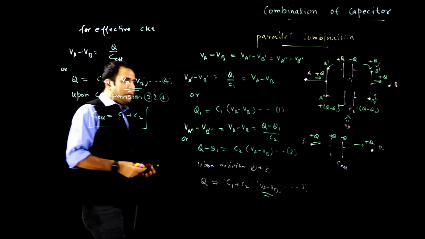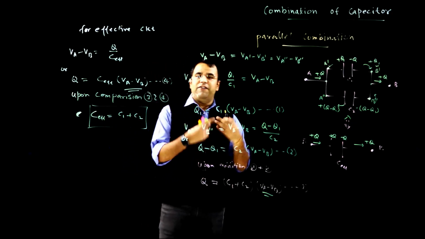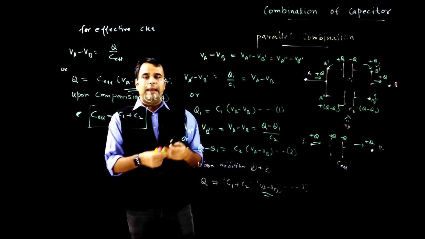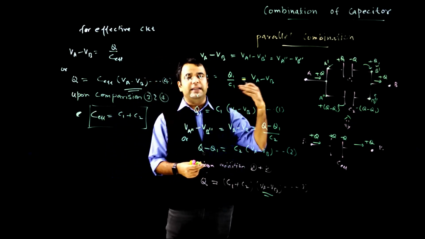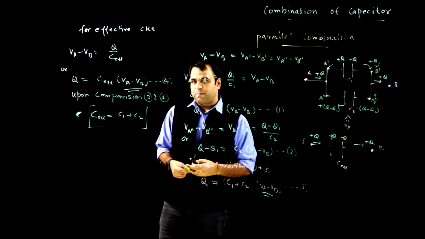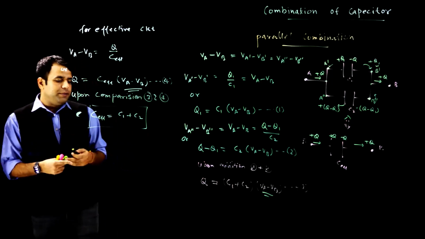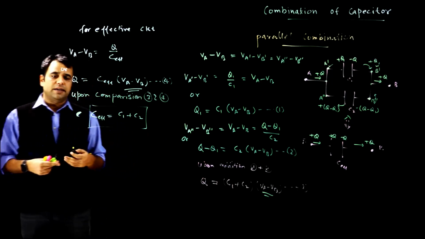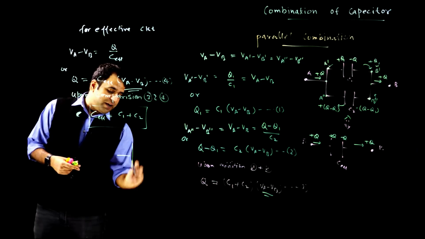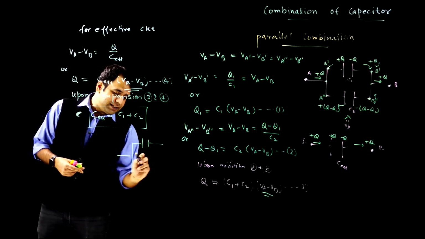So if I have a parallel combination, then the effective capacitance of that parallel combination will be the addition of their individual capacitances. This is for two capacitors. What if n number of capacitors are in parallel combination?